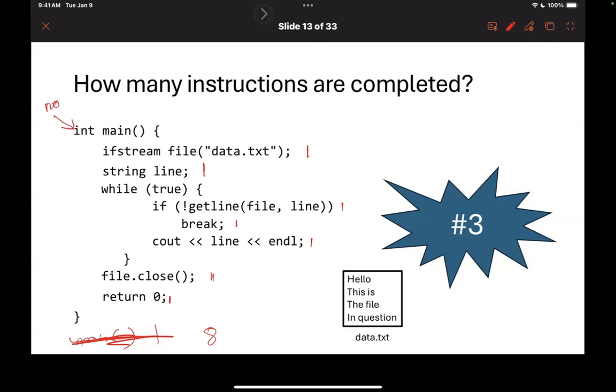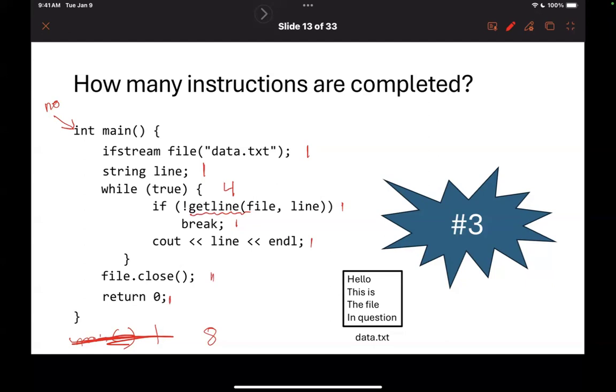So this is the file in question. How many lines does the file have? 4. So my while happens 4 times. And this is also a bit of a question, because I don't know exactly what getLine does. If we assume it just takes constant time, then we would say that the if statement just takes 1 time step.